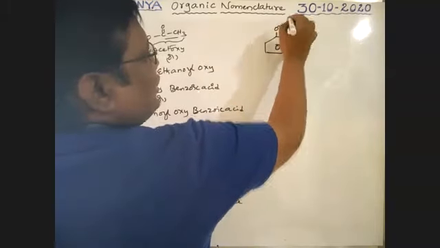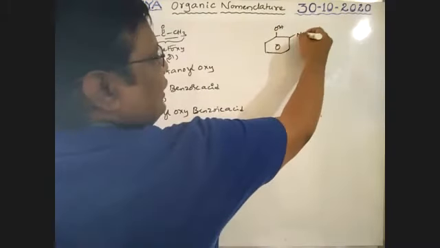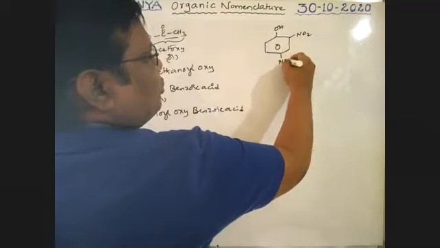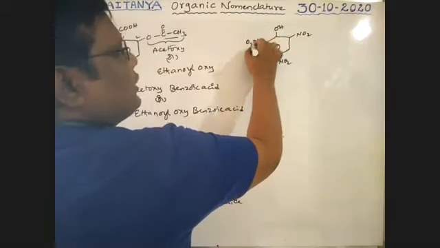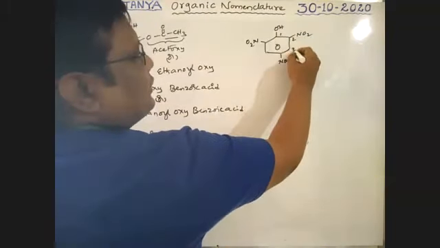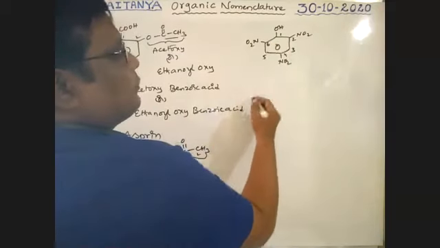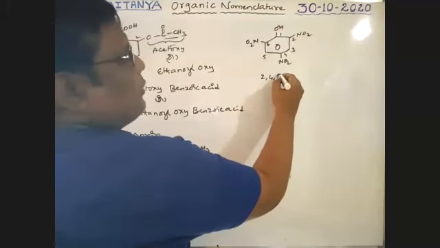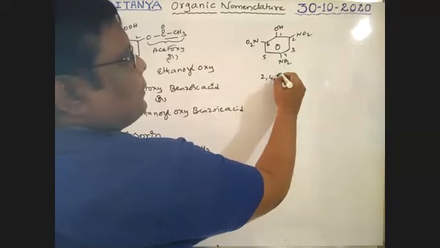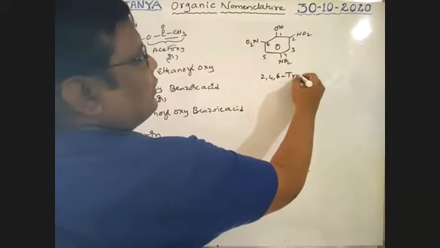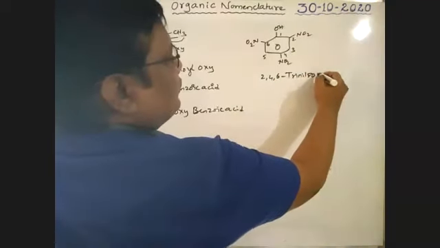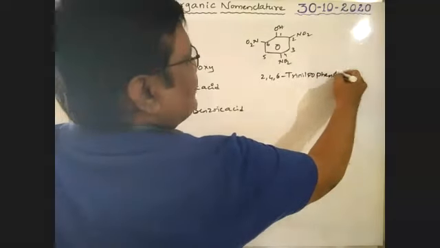It is OH, phenol. Here NO2 groups are attached. First, second, third, fourth, fifth, sixth. So 2, 4, 6. Trinitrophenol is the name of this compound, boys.